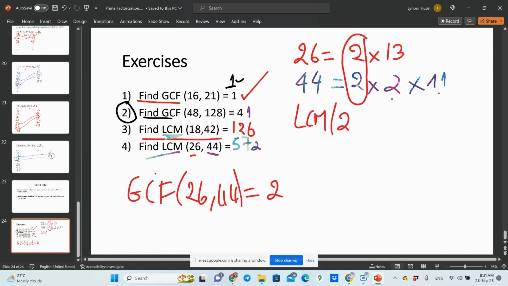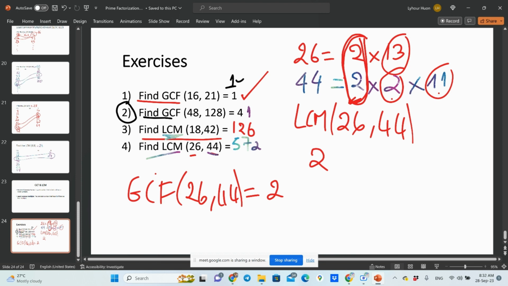Now for the LCM of 26 and 44, 2 we have in common, so we take it as one term, right? Just this 2 as one term. Beside that, these and these, we take all of them.